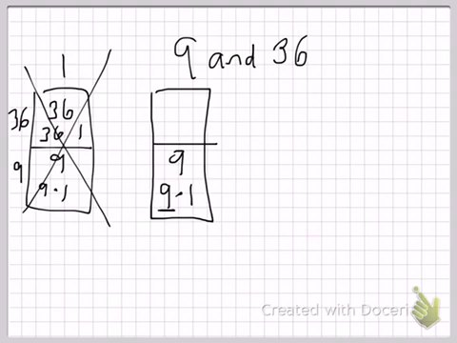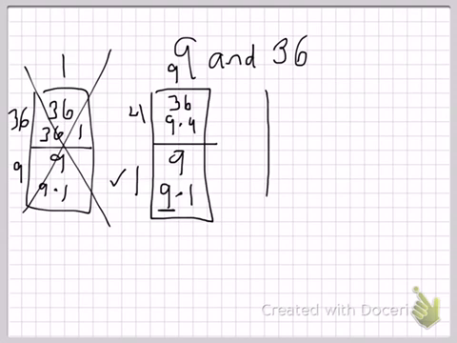Okay? If you're looking for 1 as a common factor, yeah, we already know. But if you're looking for the 9, 36 can be 9 times 4. So 9 can be our common factor, and 4 and 1 would be our numbers on the side. This one, even though there's a 1, it's good because it's not the common factor.